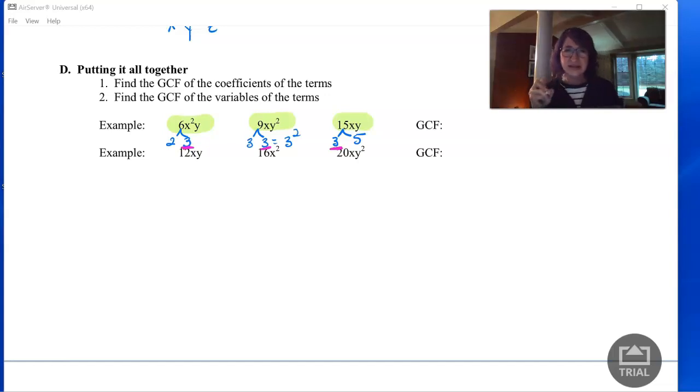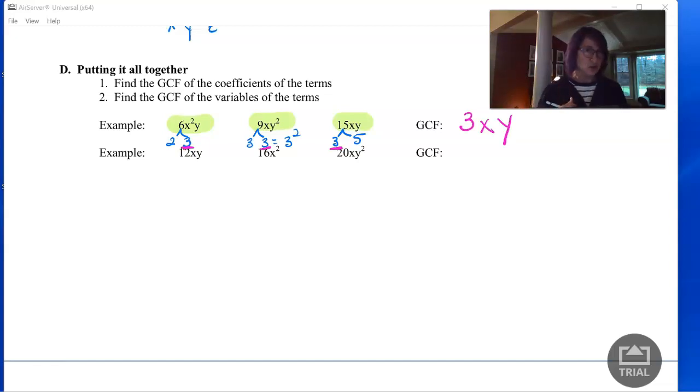Yes, I have a 3 to the second, but just like when I was looking at the variables, I pick the factor that's common that has the smallest exponent. So that'll just be 3. Now I look at the x's. There is an x present in all of those, but x to the first is the smallest. Same with the y's.